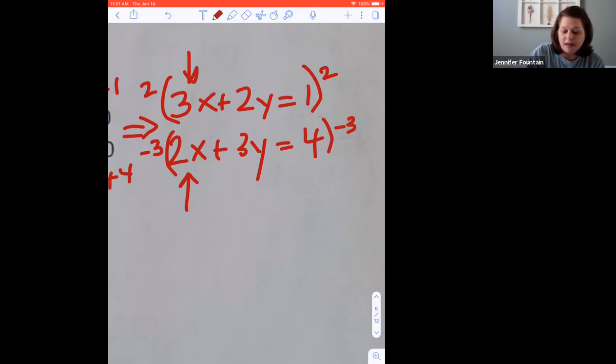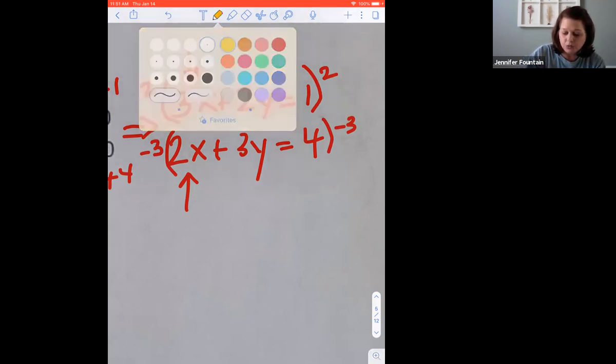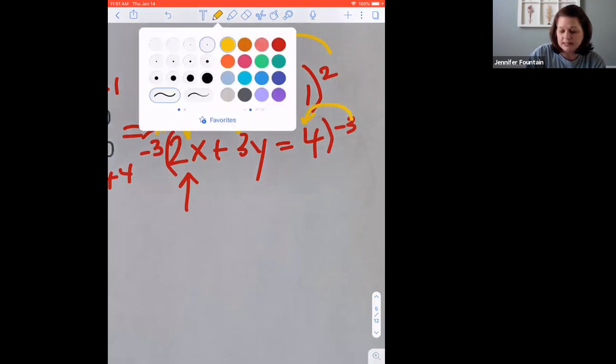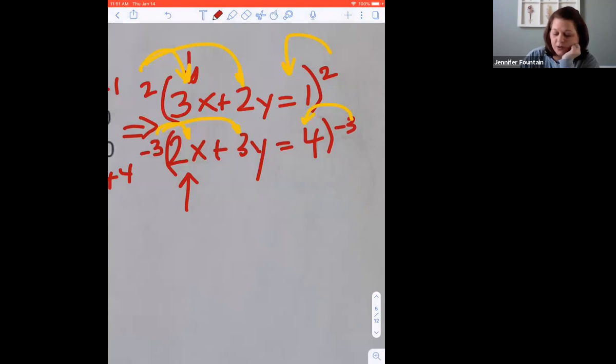Okay? So my whole goal is I've got to make opposite terms. So if I multiply my first one by 2, but remember I have to multiply each term, and multiply my second one by -3. So let's see how that changes things. Now I have 2 times 3x is 6x. 2 times plus 2y is going to be plus 4y. And 2 times 1 is 2. So my first equation has become 6x plus 4y equals 2.